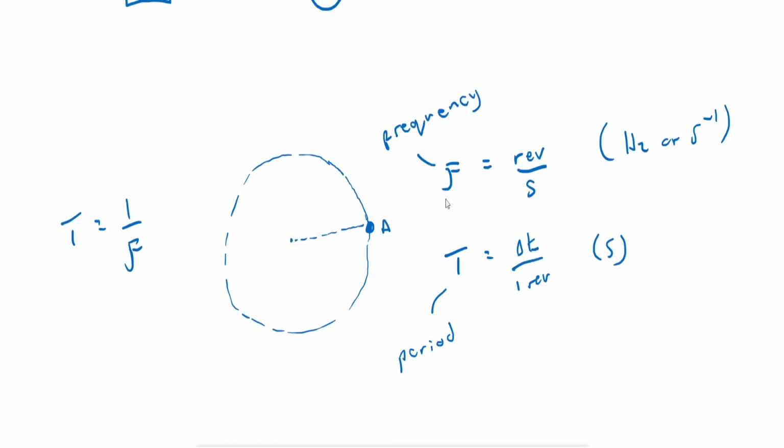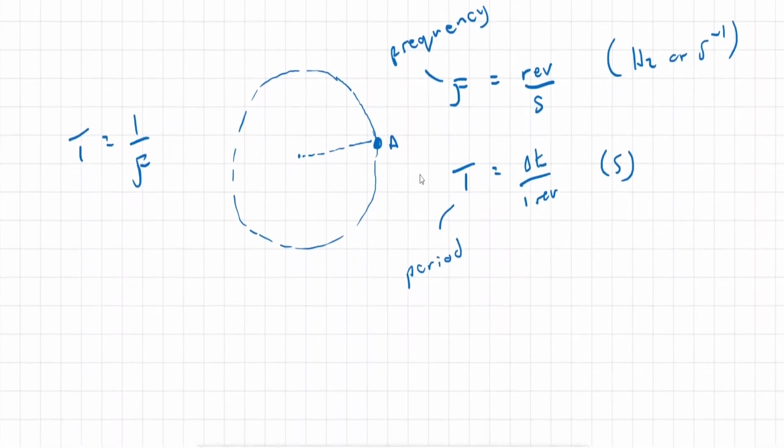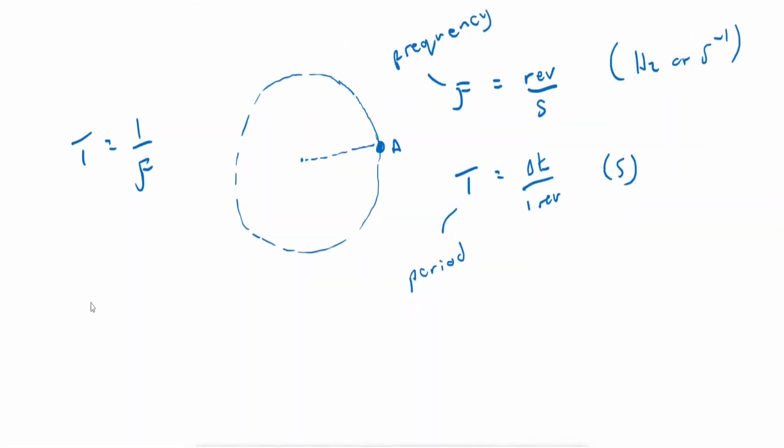If I cover one revolution, it means the distance that I've covered is 2 pi r, because I've gone around, moving from point A back to point A. If this is r, then the distance I would cover in that one revolution is 2 pi r.